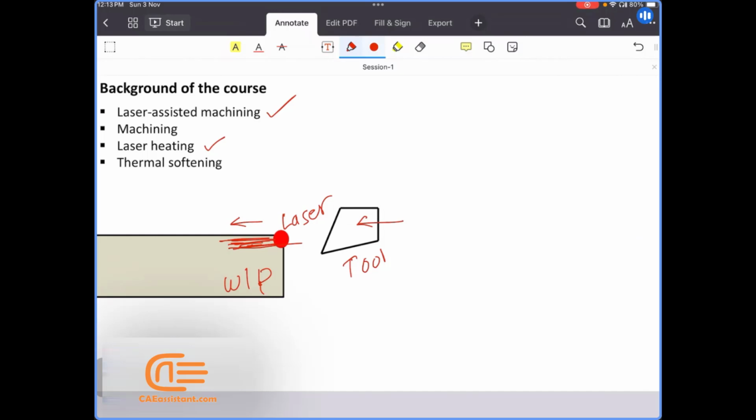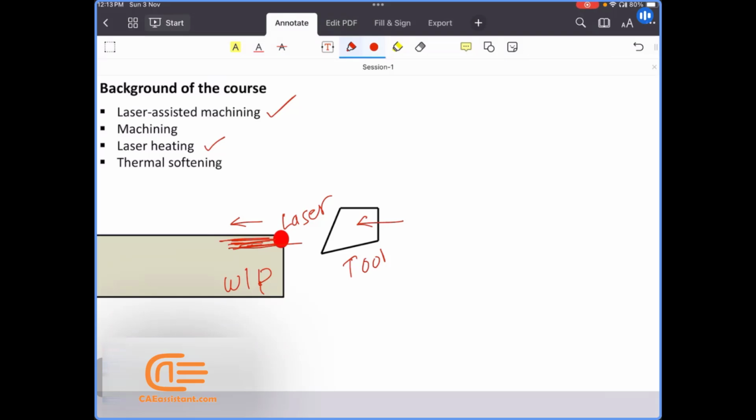Finally, the economical advantage is that the cutting tool wear will reduce. The cutting tool will last longer, meaning it will give more tool life. The more correct word is tool life. So it will improve tool life. At the same time, due to lower cutting forces, your surface finish will be better.